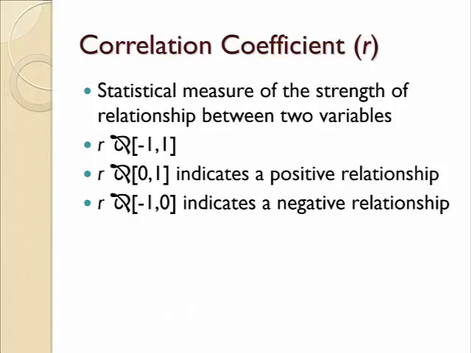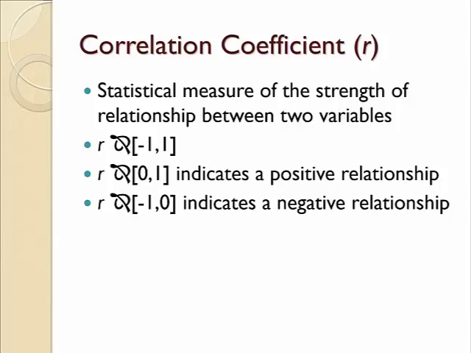So this idea of the relationship between two variables is summarized in the correlation coefficient. The correlation coefficient R is a statistical measure of the strength of the relationship between the two variables. The correlation can take any value between -1 and +1, because this coefficient lies between -1 and +1.